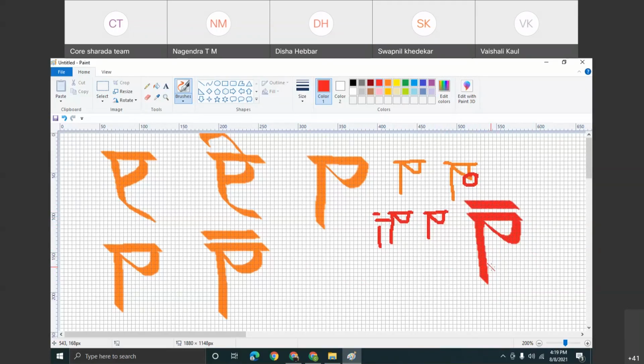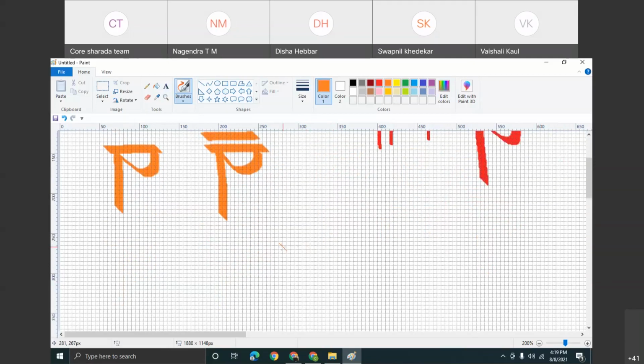So it makes A and I. So we will just write it once again. Here. And you see here, it is meeting at the corner. So this is important. This is A.